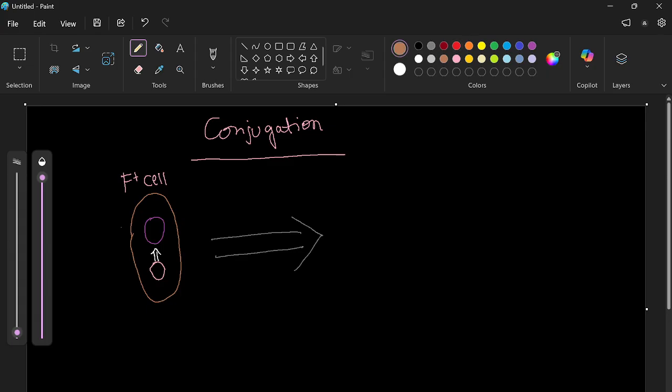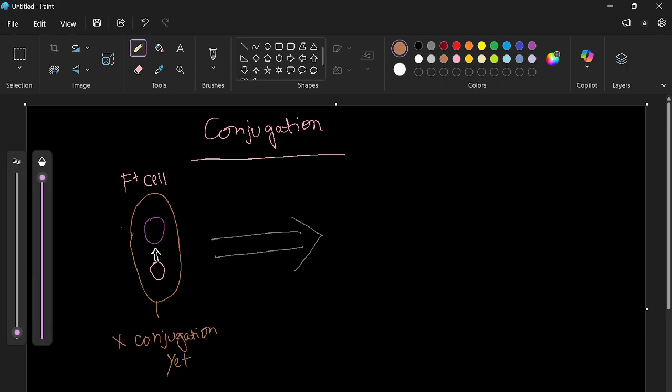I said that this plasmid will recombine with its own chromosome, its normal chromosome, inside the same cell. There's no conjugation process going on right here. So this is just a basic process happening inside its cell. It's the basic recombination event going on, but this is not the conjugation process, okay? Not conjugation yet, okay? This is an important point.